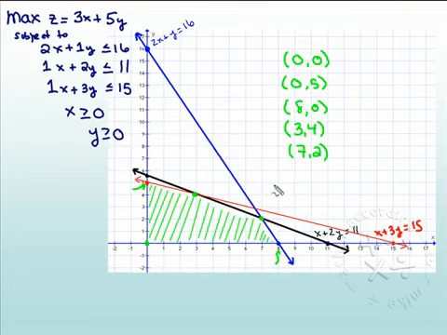Well, that's only true if you drew your lines correctly. If it turns out that your corner point has a fractional or decimal coordinate, then you're in trouble. You won't be able to look at the graph. So whenever it's out here in the first quadrant, please use elimination or substitution. Do not rely on what it appears to be close to.